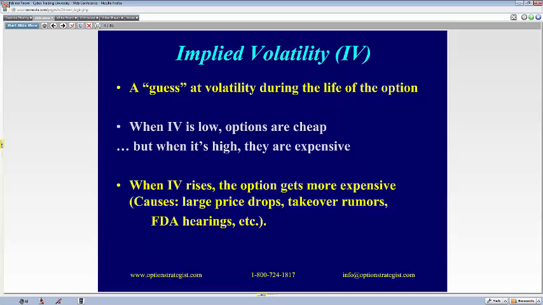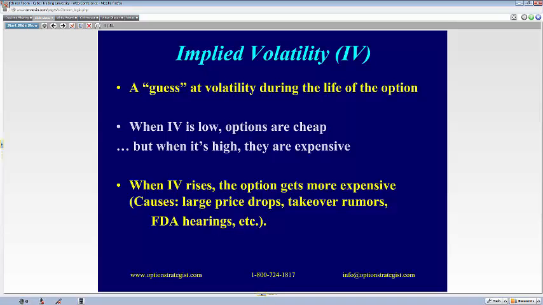Even though you may not realize it, every time you buy or sell an option, you are making that implied volatility estimate. Now, you may just be going along with the market maker and whatever he has in his estimate, probably you are. But in general, you should be aware of the implied volatility that you're paying for an option.